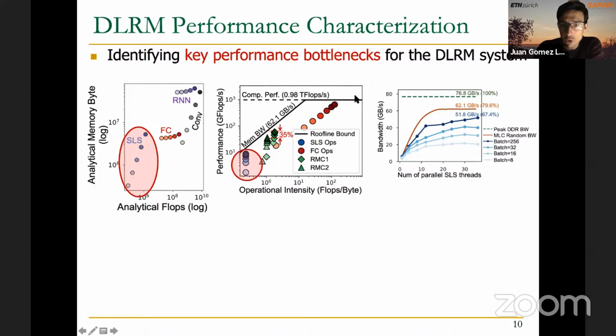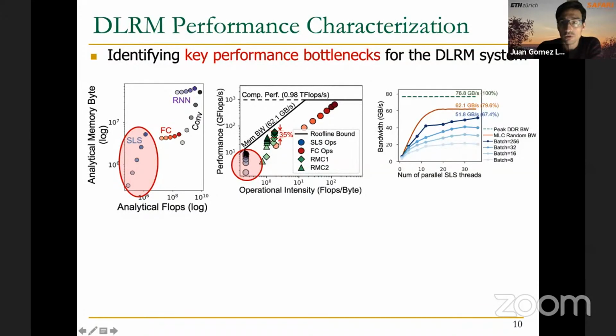Then if we look at the plot in the middle, which is a roofline model for all these operators, we can also see how low the operational intensity is for these SLS operators. So they are clearly in the memory-bound area of the roofline. And also, they don't even manage to achieve more performance than what is provided by the bandwidth.